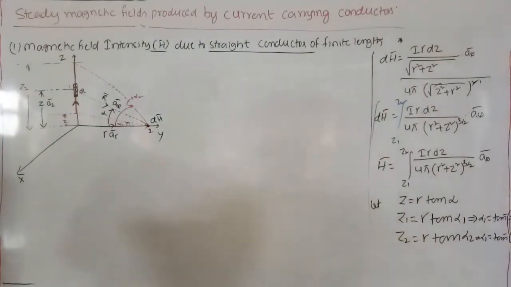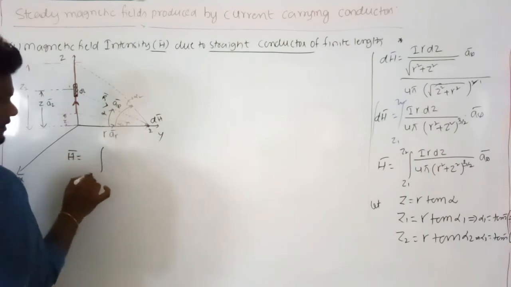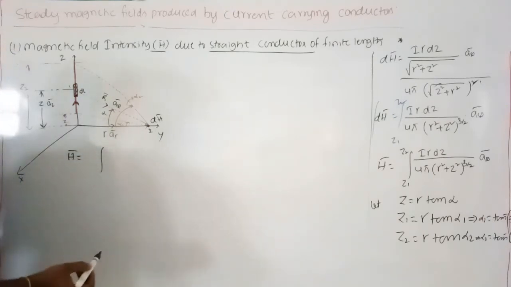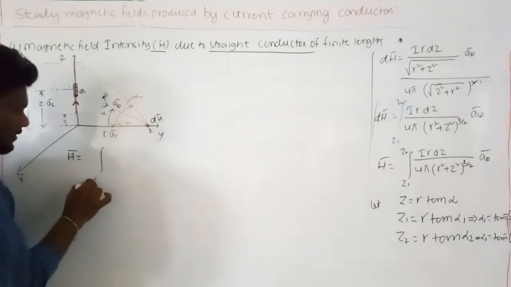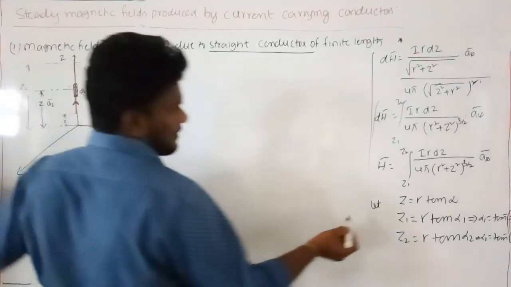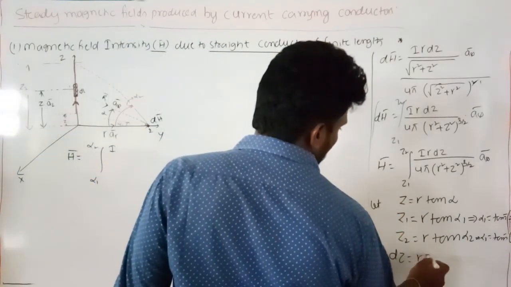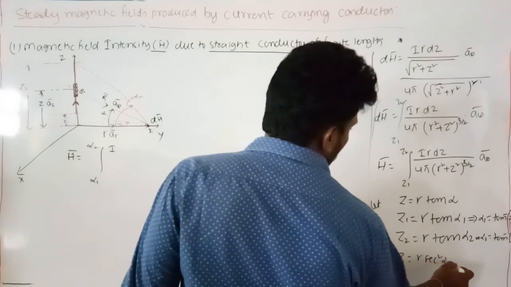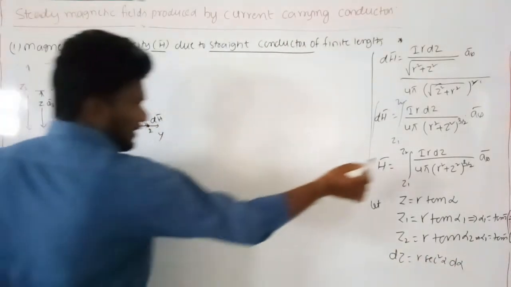Tell me now, H bar is equal to integration. As the limits change from z1 to z2, it is alpha 1 to alpha 2, I r dz. If z is equal to r tan alpha, what about dz? r secant square alpha d alpha. So what is there in the numerator here?